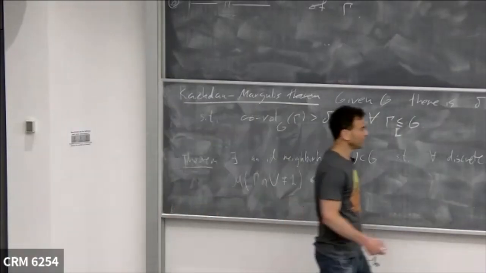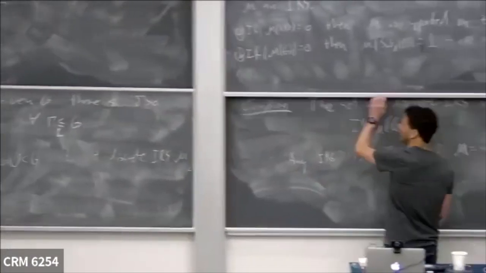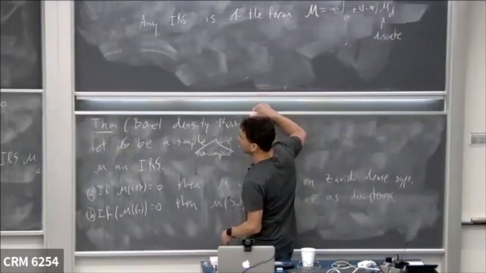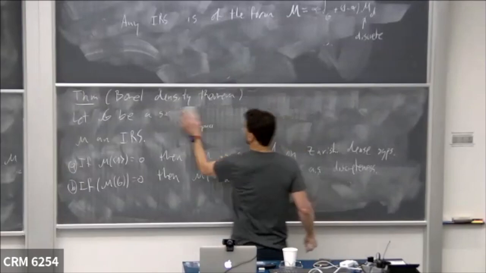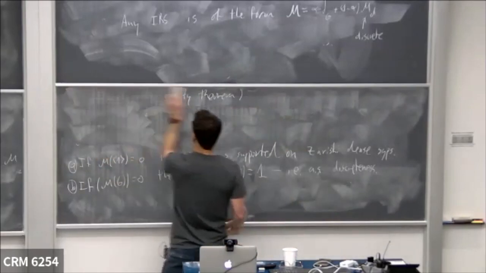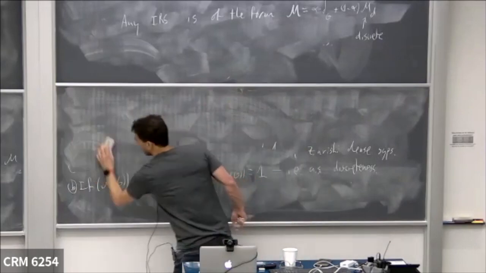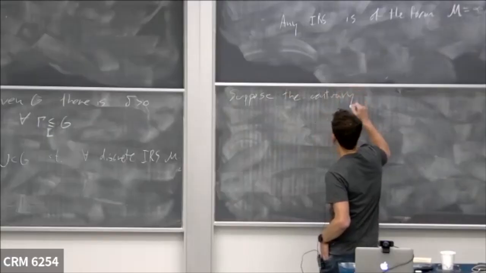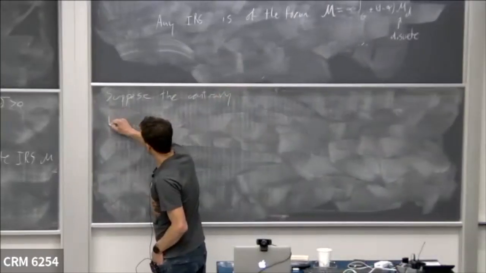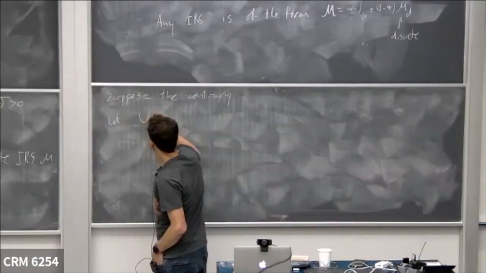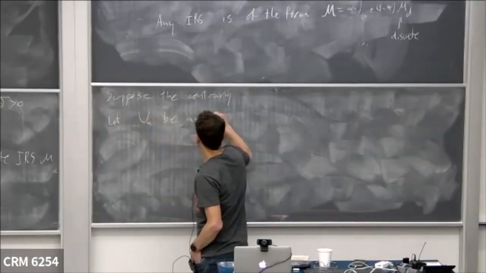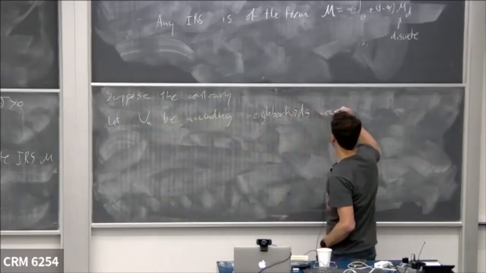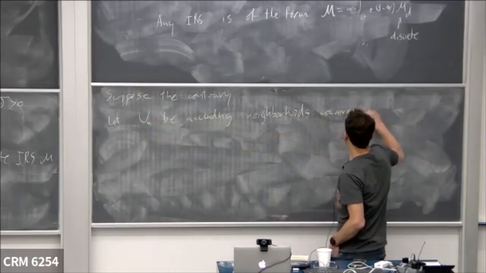And what is the proof? I have only 2 minutes, so I will write the proof in 2 lines, and maybe tomorrow I will say a bit more about it. I think these two lines can convince you. Suppose the contrary. Let U_n be descending neighborhoods converging to the identity.